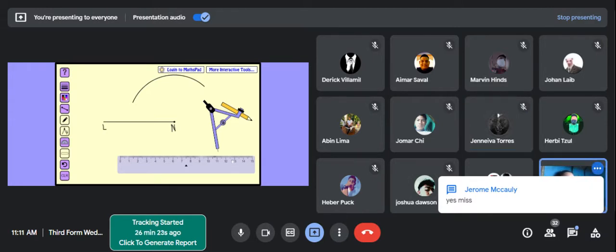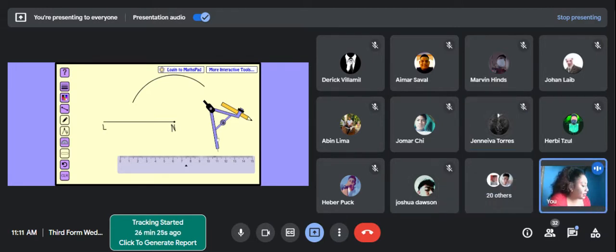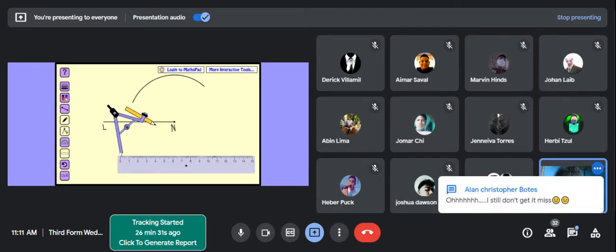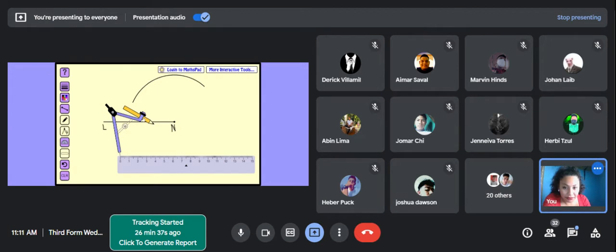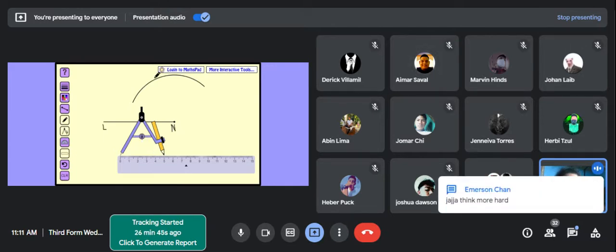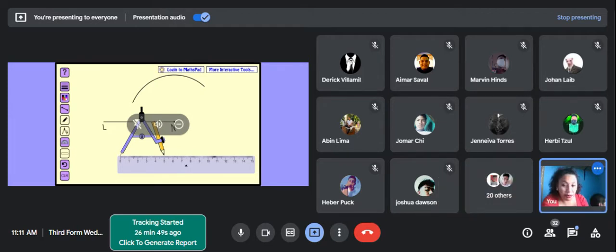Now, the other measurement is OL, and OL is 5. So I'm gonna take my compass again, and I'm gonna measure 5. And your pencil has to be well sharpened, guys, or else if you have like a thick point, it's not gonna be measuring correctly.